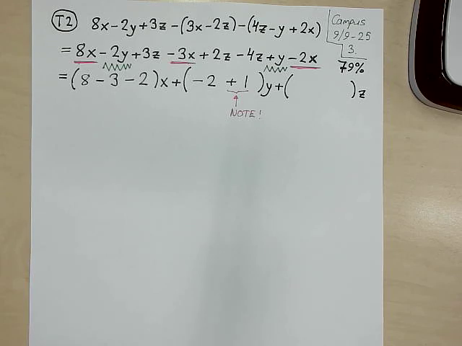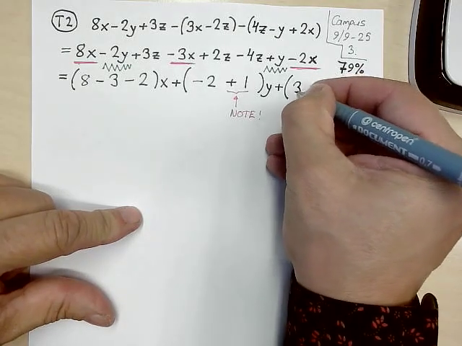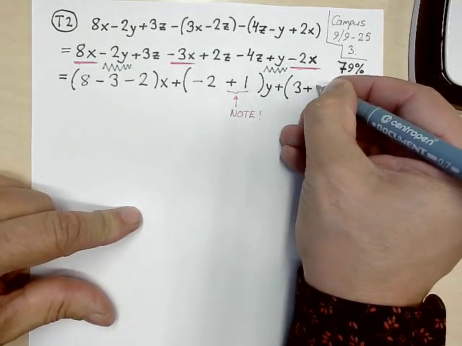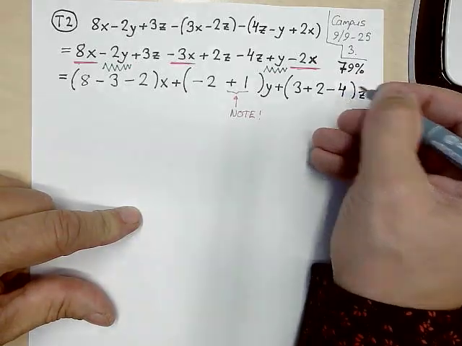And those which are left are all sentences which contain the letter Z. So there are 3 plus 2 minus 4.